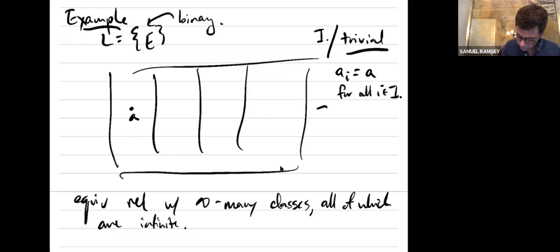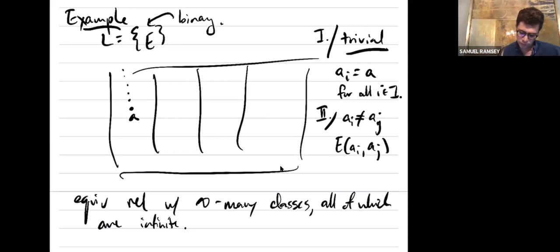Okay, now the second one that you could pick is one which stays in a class. This one is axiomatized by saying A I is different than A J for I not equal to J, but they're equivalent. So this one stays inside a class.